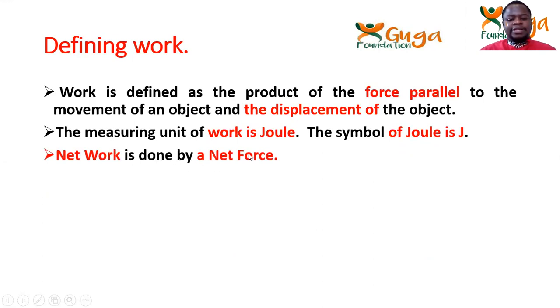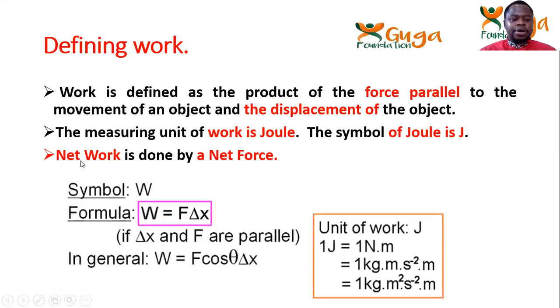is done by a net force. In symbols, the formula for work done, which is the product of the force and the displacement, is W = F Δx, where Δx is the displacement and F is the force.